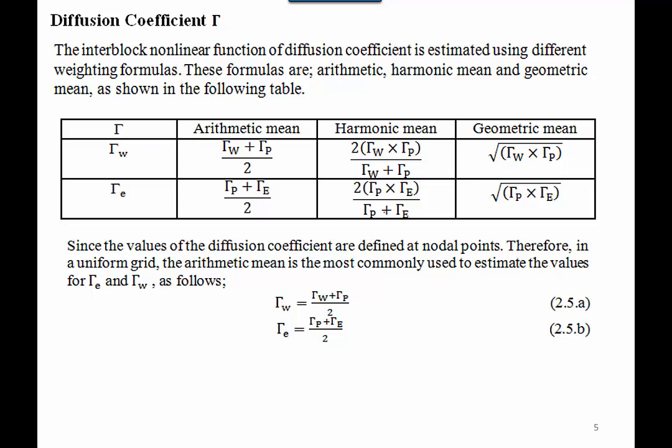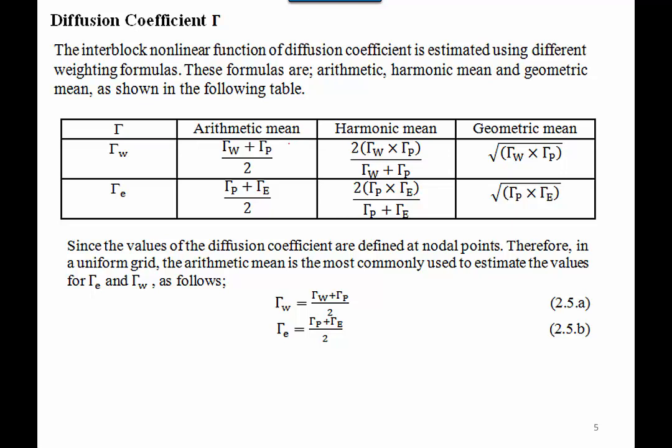Generally, there are three common methods to calculate this gamma value. For instance, if we want to calculate gamma at west, either we use the most common method, which is the arithmetic mean method, or we use other methods like the harmonic mean or the geometric mean.